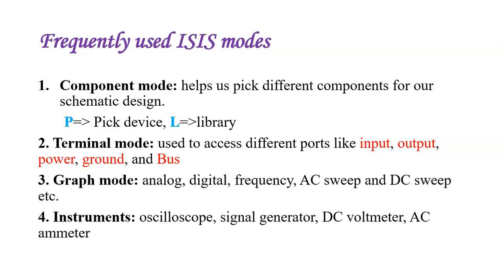And also there is instrument mode, which enables you to access different virtual instruments like oscilloscope, signal generator, AC voltmeter, and DC ammeter, and a lot of output devices can be accessed from component mode.